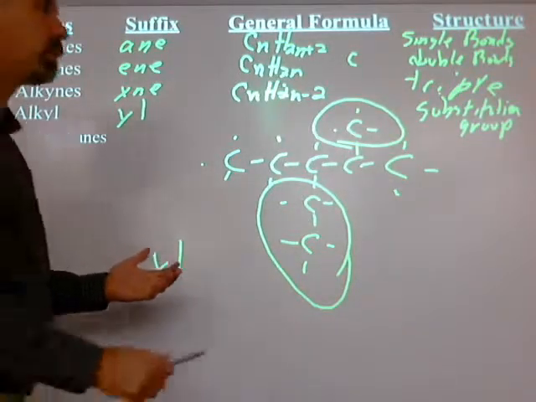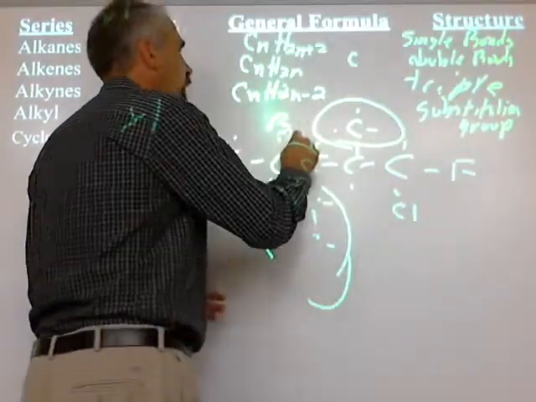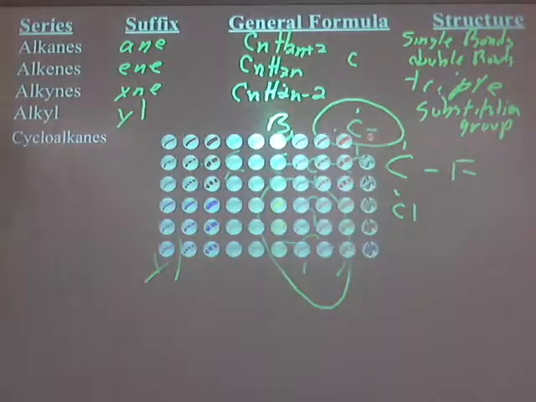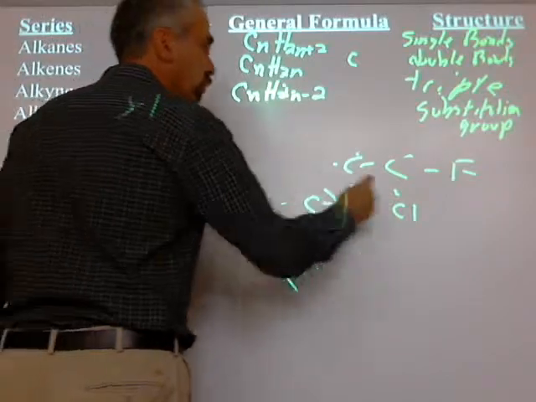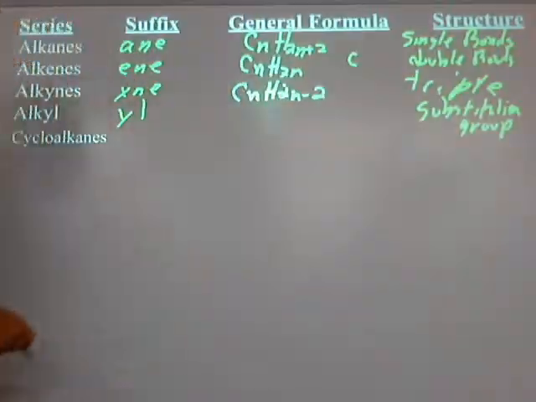You've already seen me put some on there. You've seen me put chlorines on there, and fluorines, and bromines. We're going to put other things on there as well, oxygens, nitrogens, and we're going to learn how to name all of them. We're going to learn how to name every single one of those. And we're going to probably call all of them pretty much substitutions. That's what I will call it. Things that were added to the longer chain.